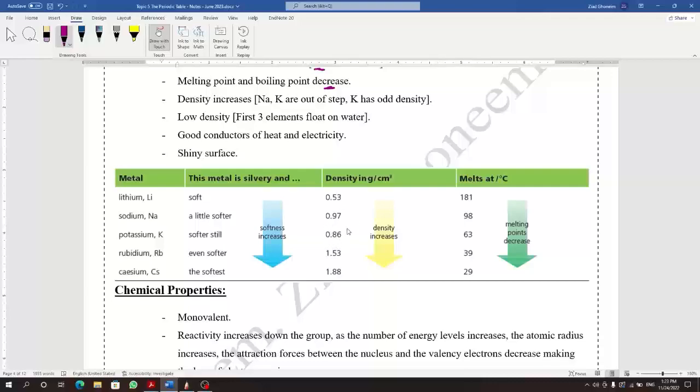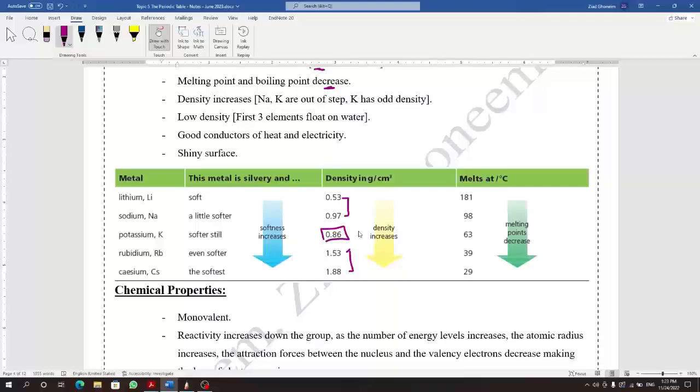I mean, it should be increasing, and then 1.53 and 1.88. These are correct because the density is increasing. But for potassium, it's really strange. It's 0.86. It should be increasing, like 1.3 or 1.2, something like that.